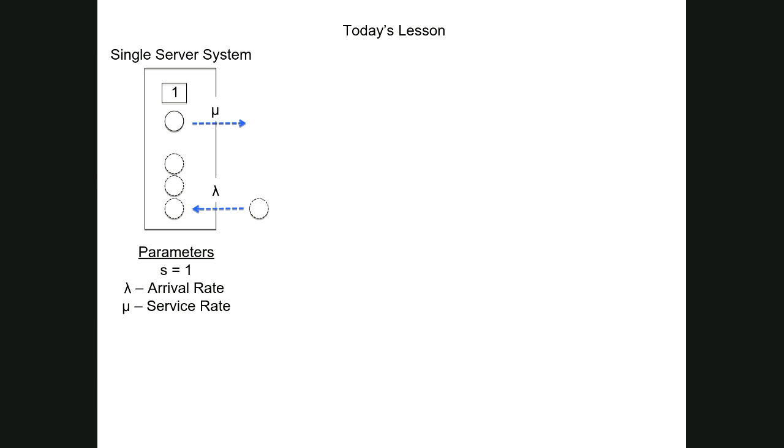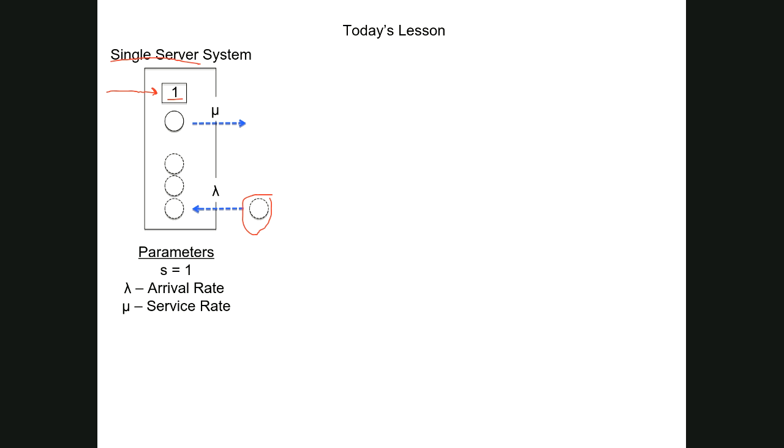This is the kind of system we're going to look at today. It's called a single server system. And the way we're going to depict this is that we have one server, and the square represents our server. We have just one, and we have customers that are represented by the circles.